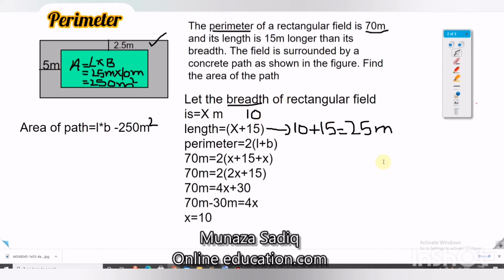To find length, what is the length of this one? This length is 25 plus 2.5 also. First I am going to write length.